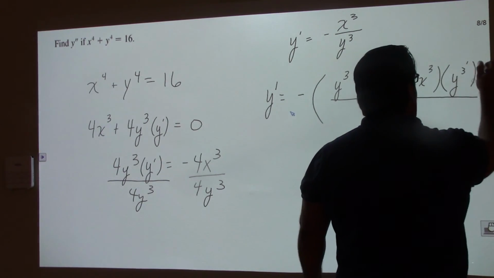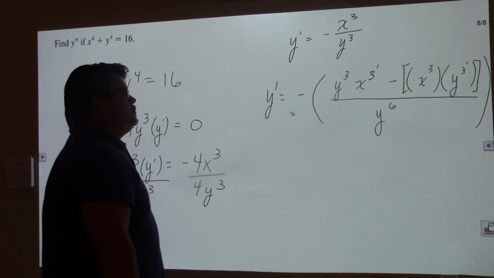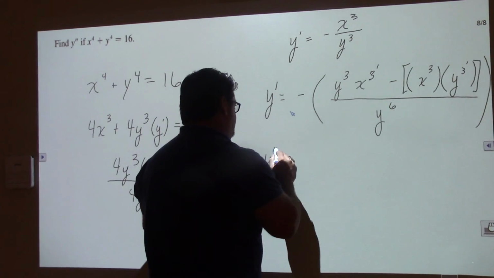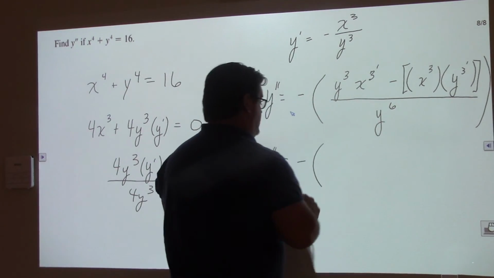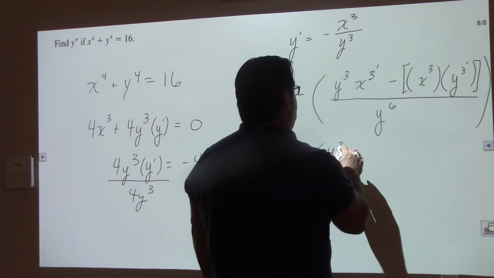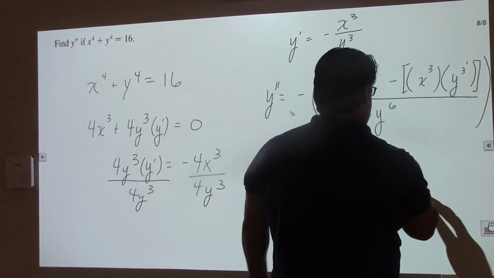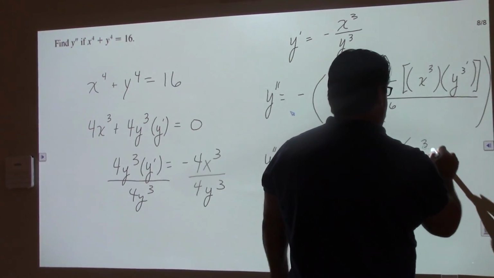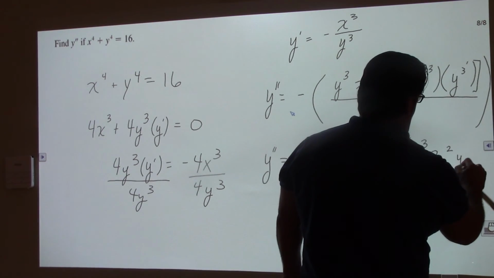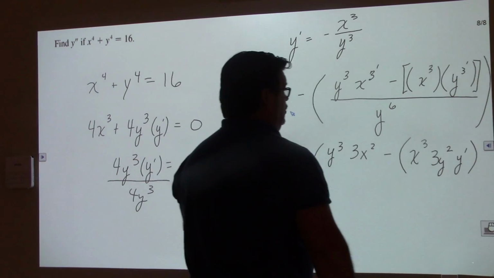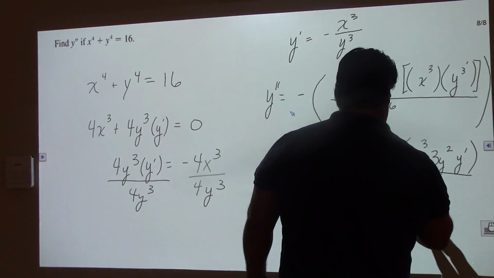I'm going to put brackets around this because that's going to mess me up if I don't watch it. So y double prime is equal to negative parentheses y to the third times 3x squared minus x to the third times 3y squared y prime over y to the 6th.